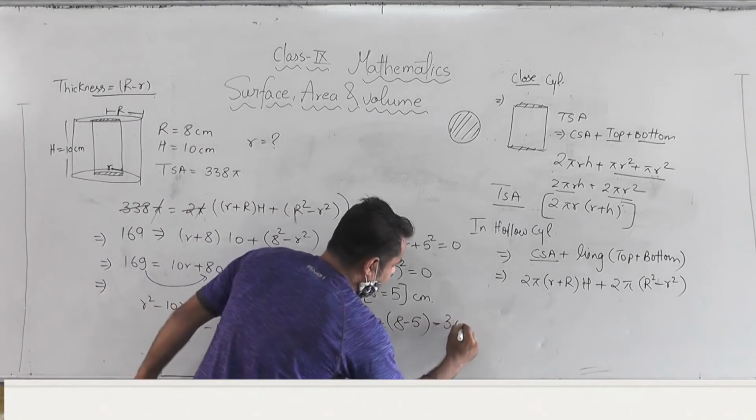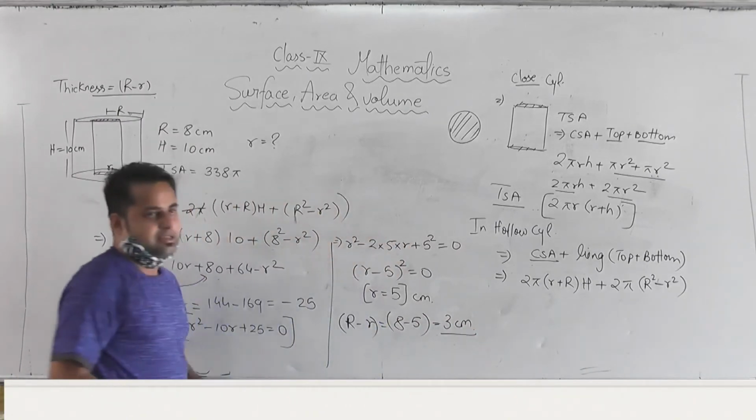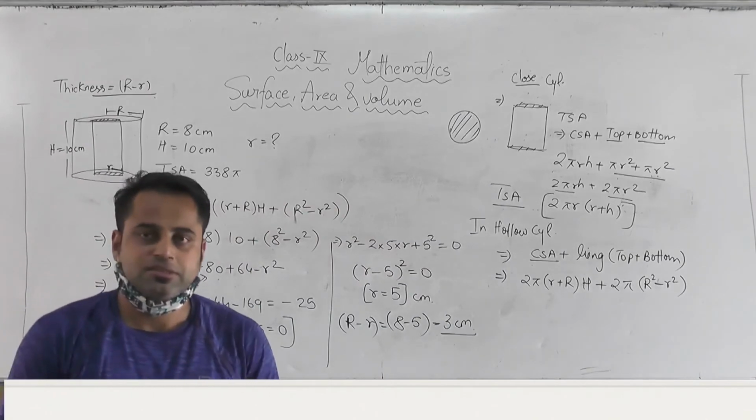So the hollow cylinder has a thickness of 3 centimeters.